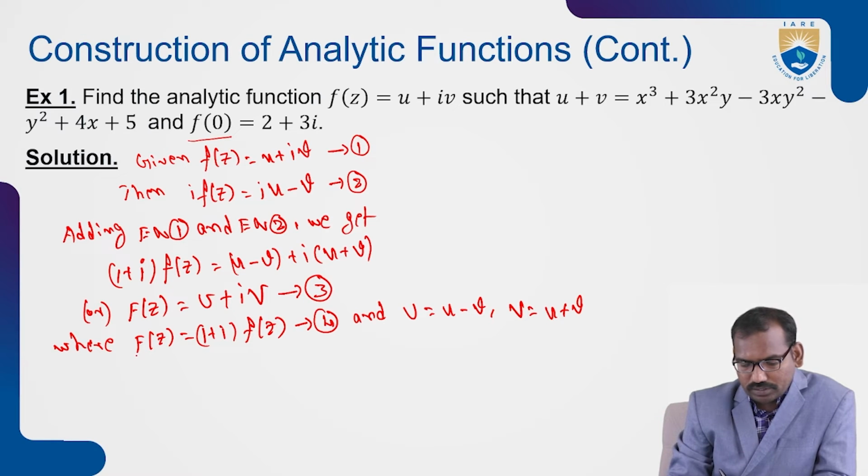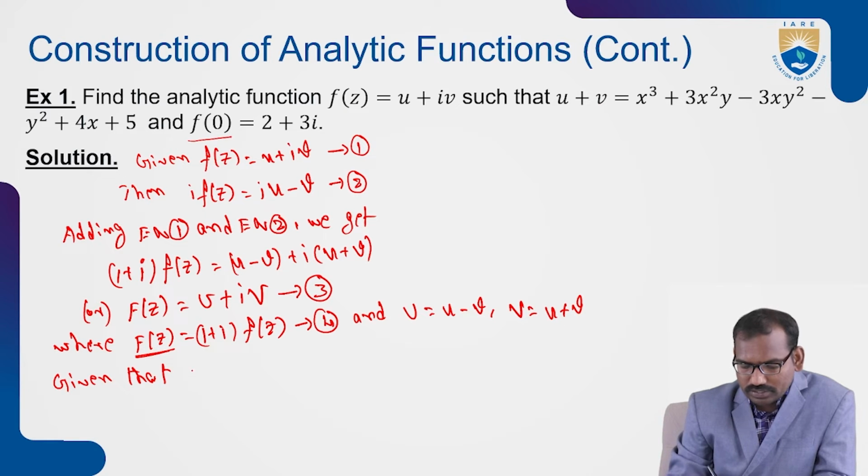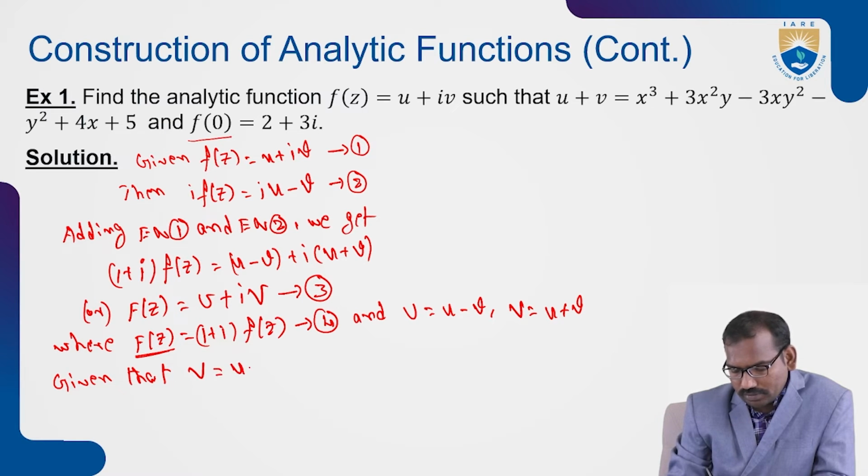So we know capital F of z is analytic, and given in this problem is small u plus v. Small u plus v means capital V, which is u plus v.